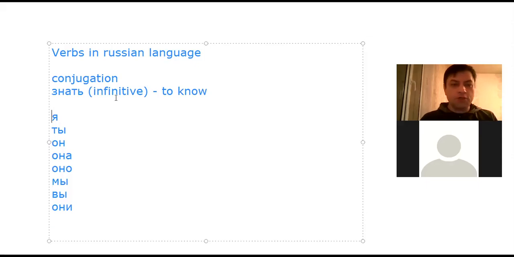So how should I change the verb according to the pronoun? Я знаю, ты знаешь, он знает, она знает. As usual, I forgot to indicate the stress.